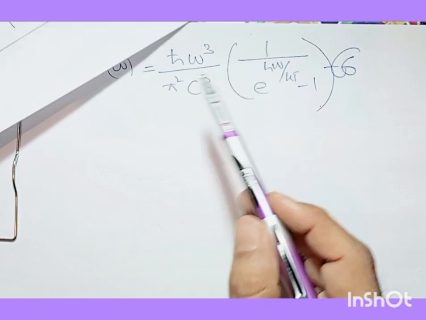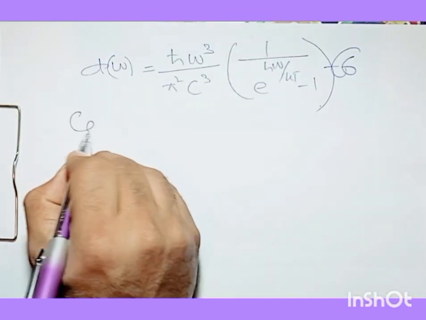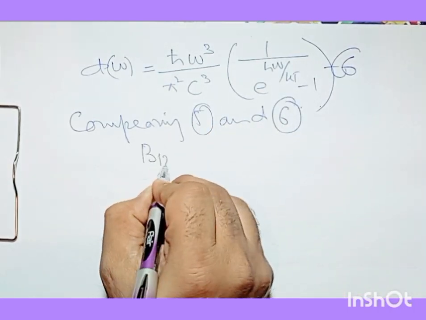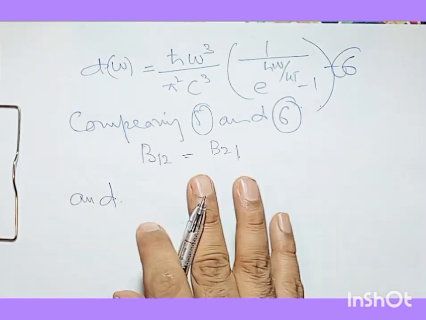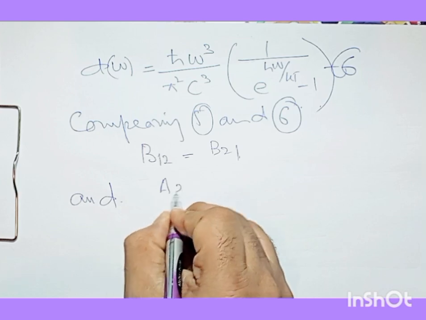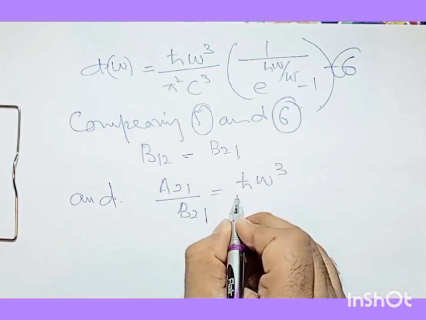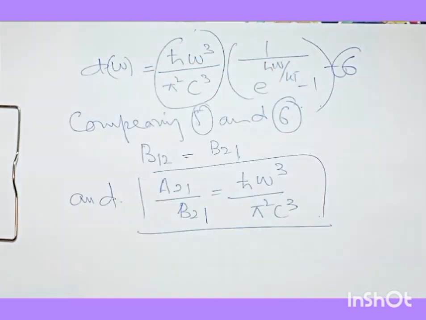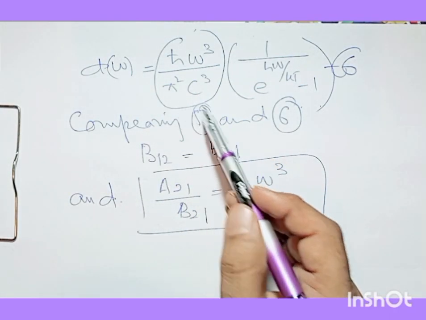So on comparing 5 and 6, we will have B12 equal to B21, and when B12 is equal to B21, we have A21 by B21 equals h cross omega cube by pi square c cube.